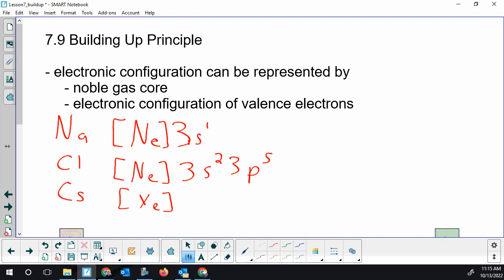D is 1 off, F is 2 off. So 6S, first one, 6S1. Double check my 6. Yeah, I'm in the right spot. So that's the electronic configuration.